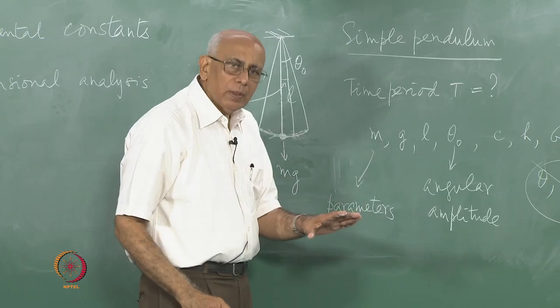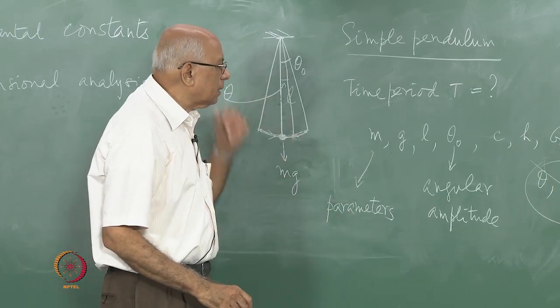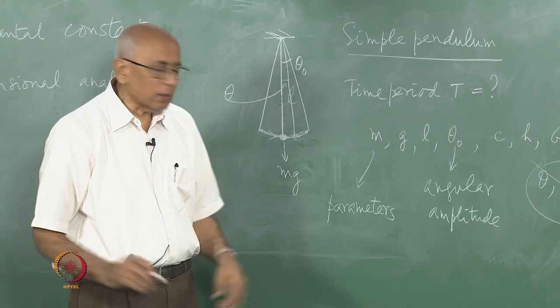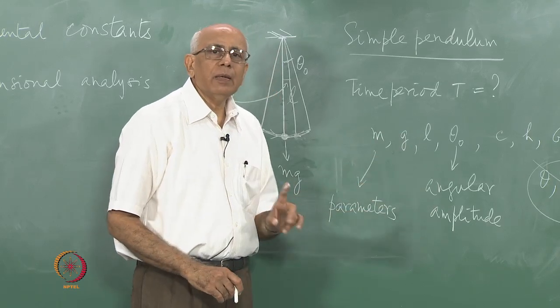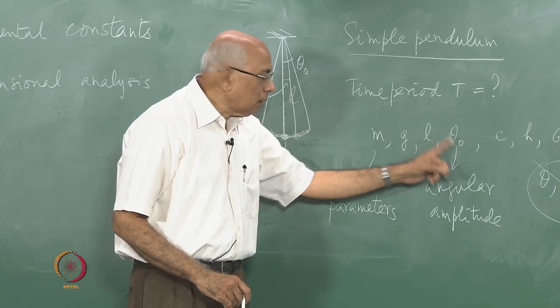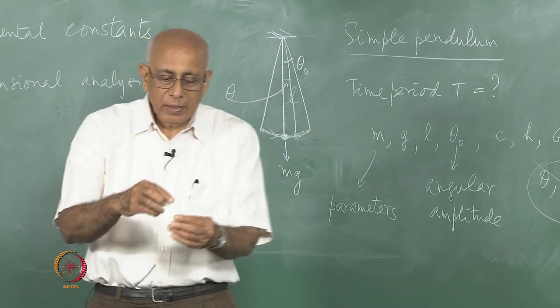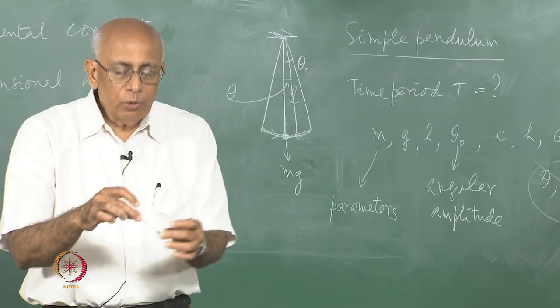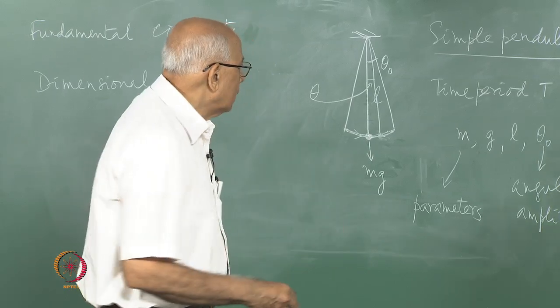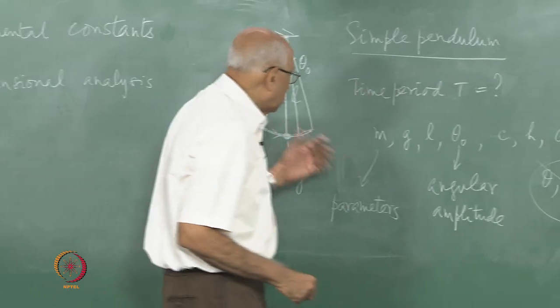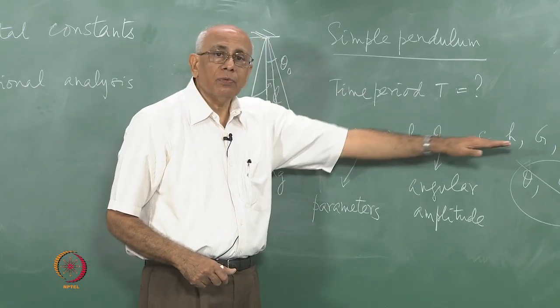For a given pendulum of a given length, given mass, and so on, and on the surface of this earth where this is given, these quantities are not variables anymore. Even the amplitude is not a variable for a given state of motion. If you tell me how much you pulled it to the left and let go, the amplitude is fixed once more. So the time period could possibly depend on any of these.